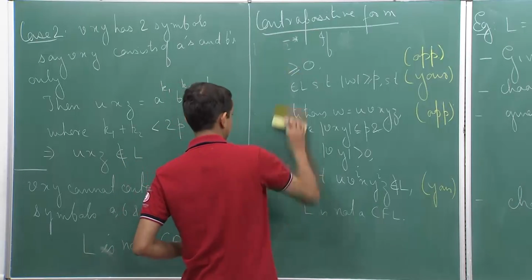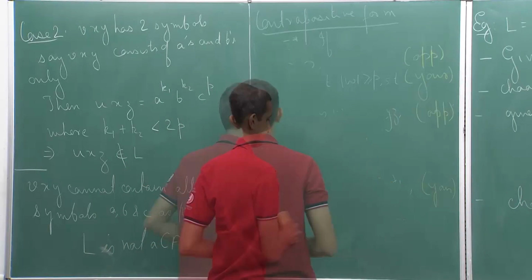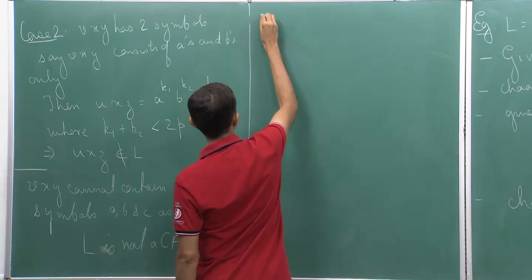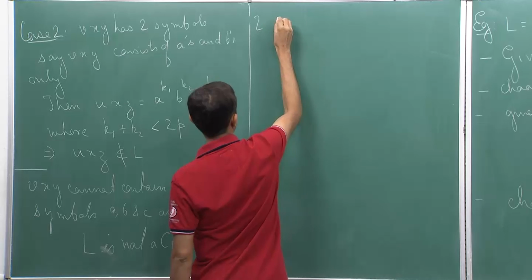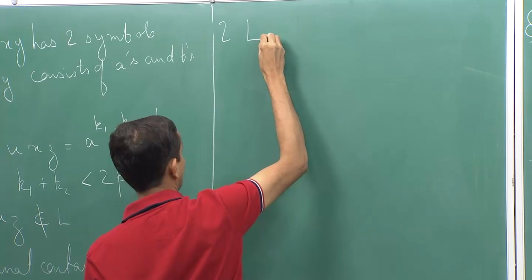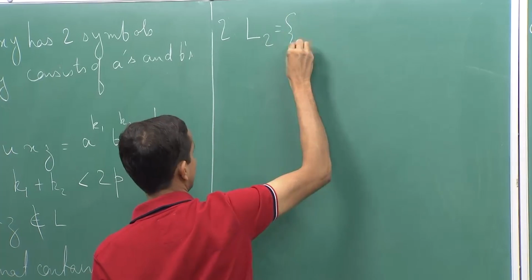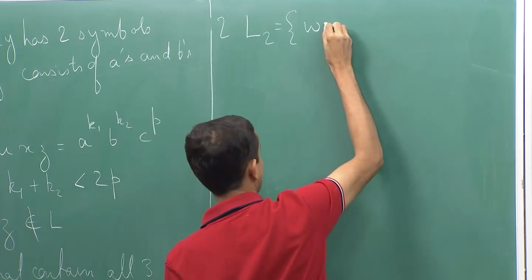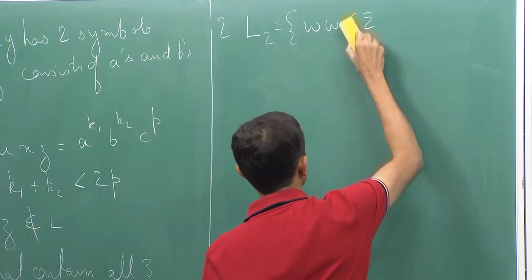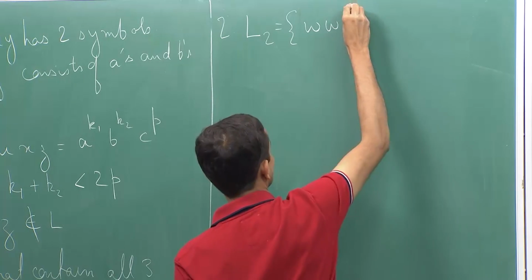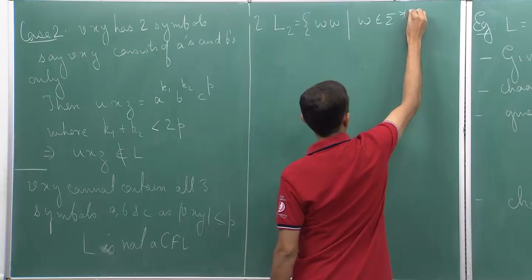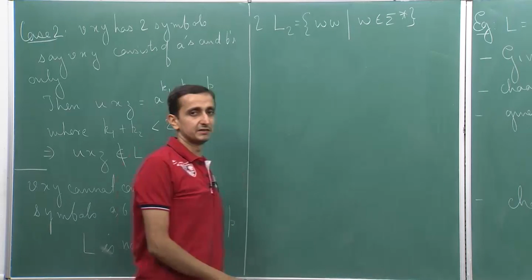Let us look at one more example. Consider the language, let us call it L2, which has strings of the form WW, where W is any string in sigma star.